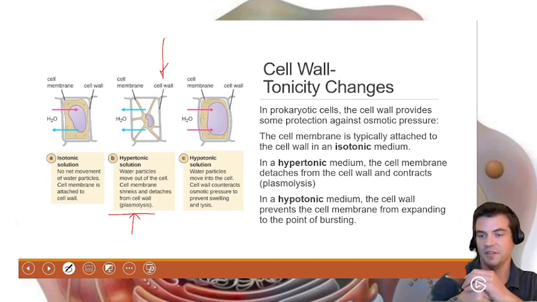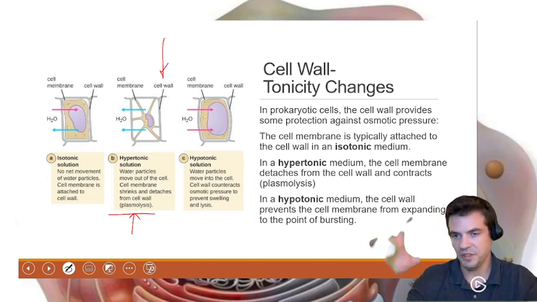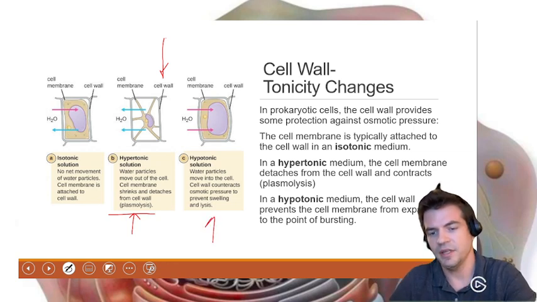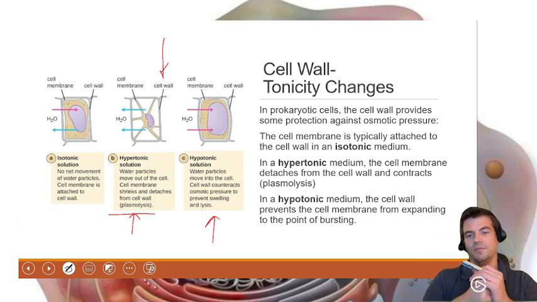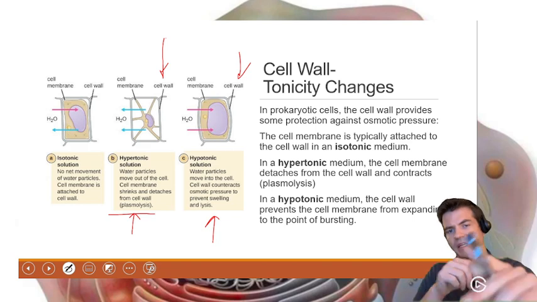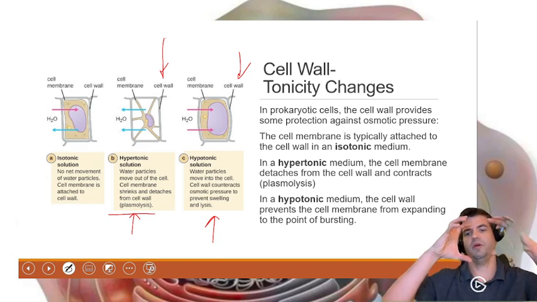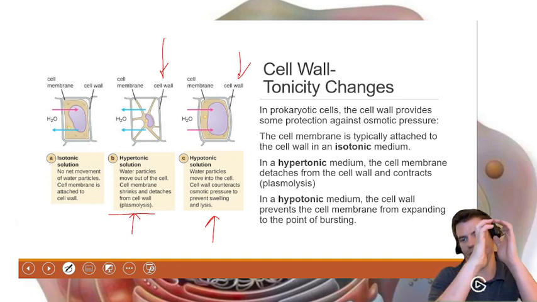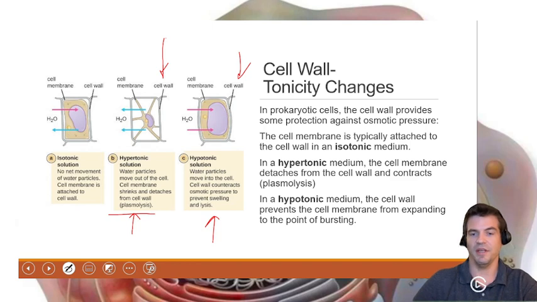So plasmolysis is what actually happens when the cell starts to shrivel in a bacterial cell. And in that hypotonic solution with the cell wall, instead of bursting up into a big O like we memorized it, that big O is going to be stopped.